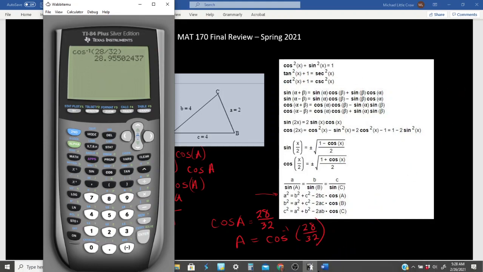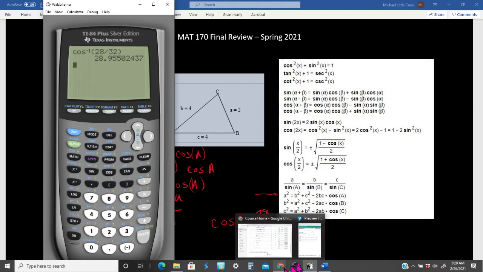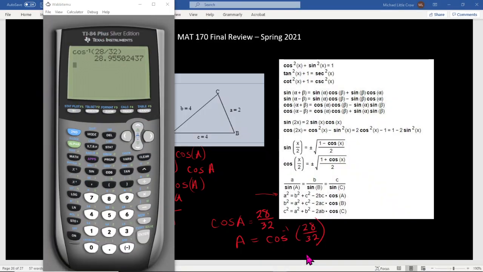and let's see, what are we supposed to do as far as rounding? Do not round until the final answer, then round to the nearest degree as needed. So don't round until, so 29. A is going to be 29. So angle A, 29 degrees.